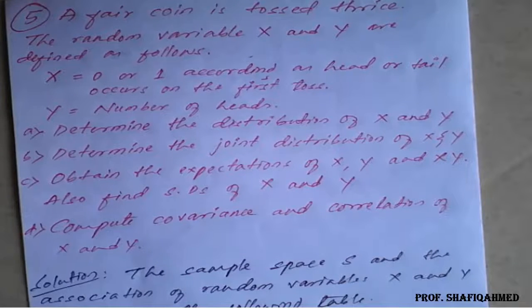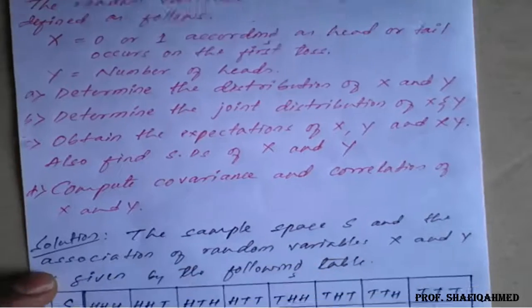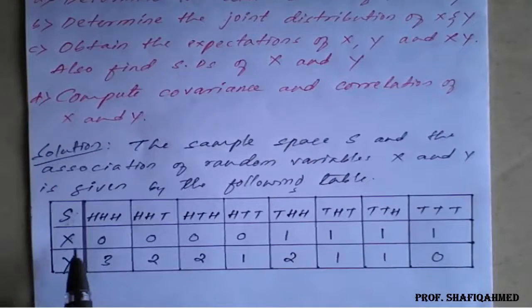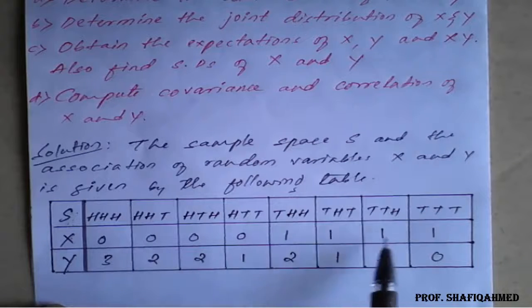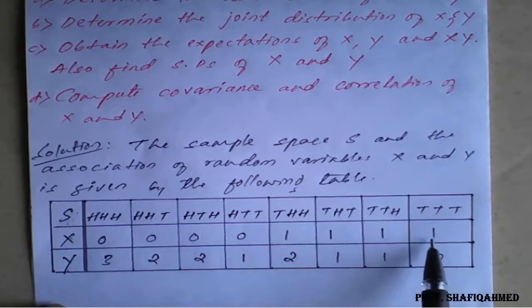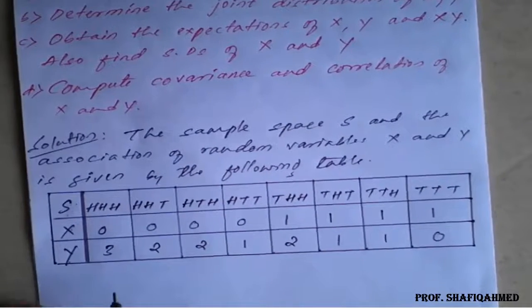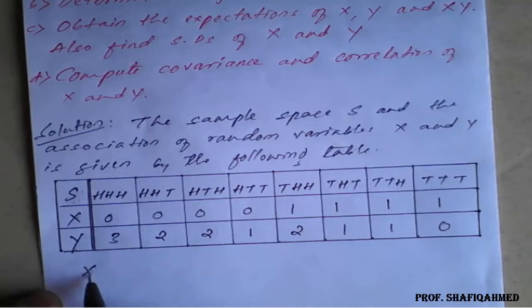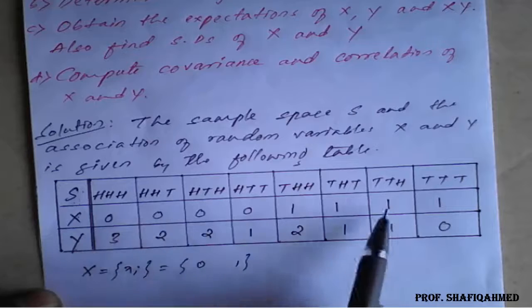Next we need to see the table for the values of X and Y. The lowest value for X is 0 and the highest value is 1, so X takes the values xi = 0 and 1, and no other values.